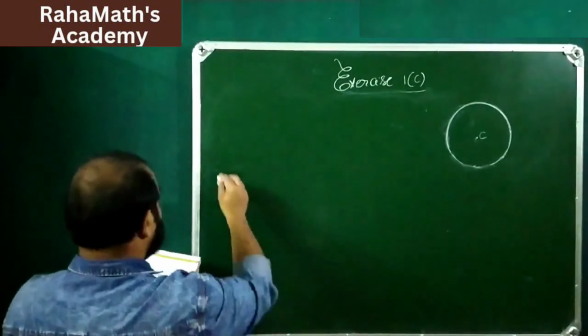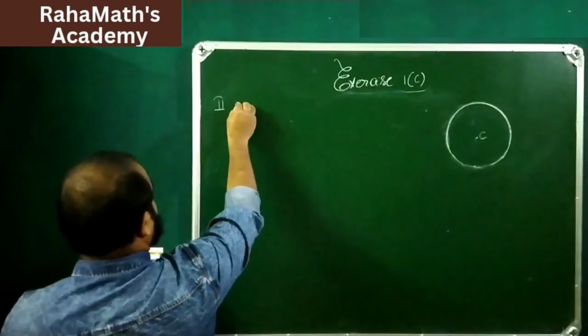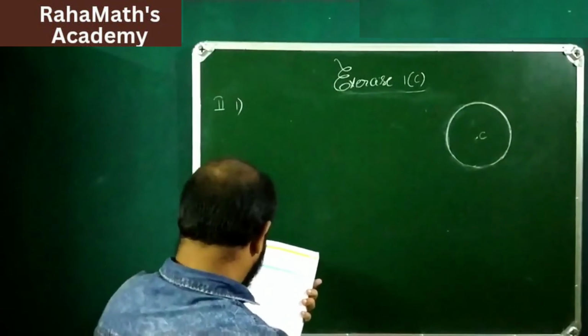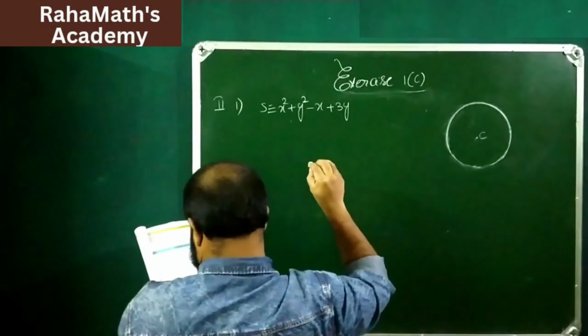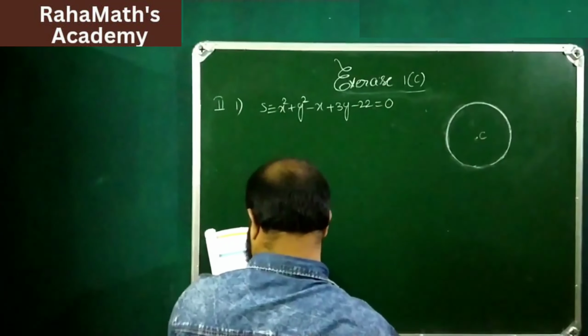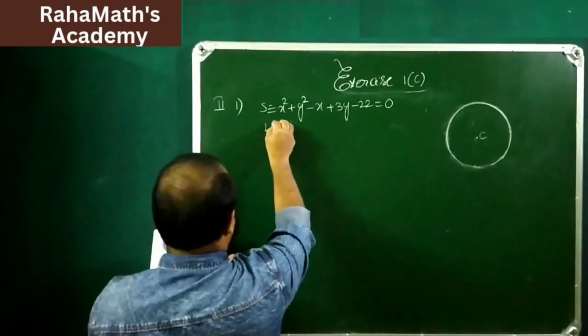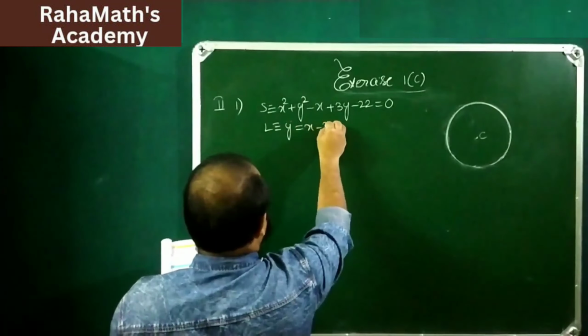Now, second Roman, first question. Find the length of the chord intercepted by the circle S: x square plus y square minus x plus 3y minus 22 equals 0 on the line L: y equals x minus 3.